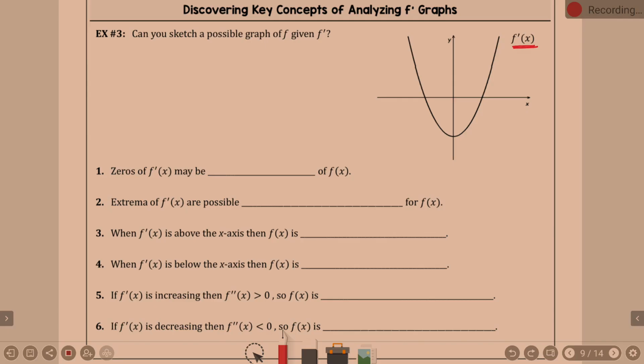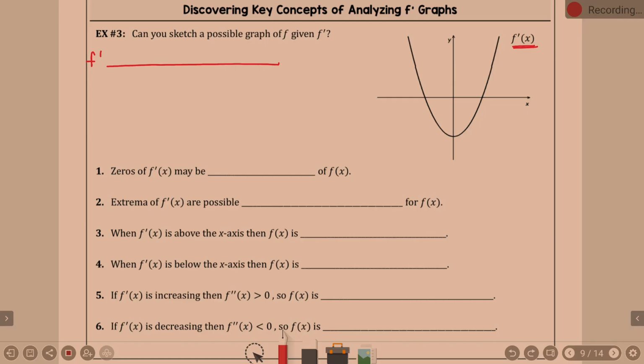I'm not saying you'd have to, but what it helps to do to keep my brain straight is to think about kind of like a sign chart, like what I was just talking about. So if we think about f prime here, okay? Now, do we have some key points?